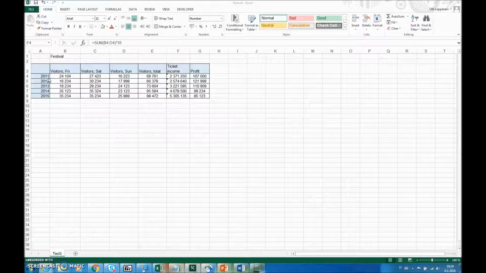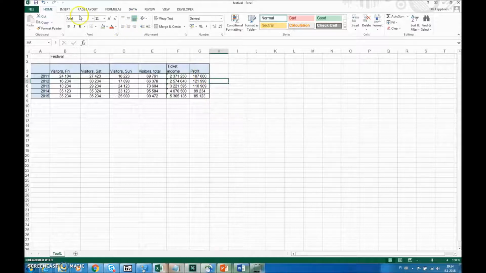So for example, in 2011, this many visitors on Friday, this many on Saturday, and this many on Sunday. This column contains the total sum of the visitors, so how many visitors in total during the weekend. This one gives us the ticket income, and this one the profit of the festival.